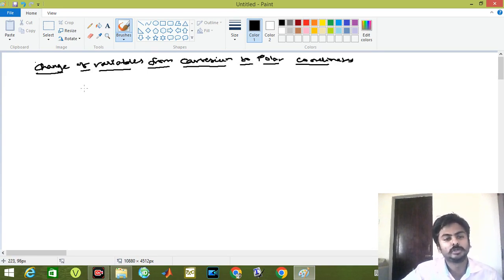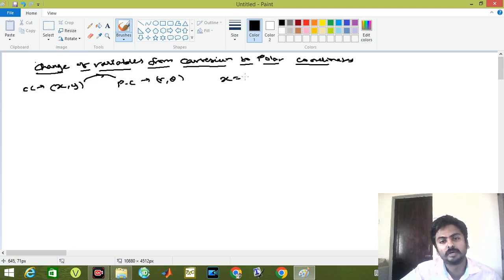So in this you have to know the Cartesian coordinates means x comma y, and the polar coordinates means r comma theta. Okay, so if we want to transform from Cartesian to polar, we need some transformation.